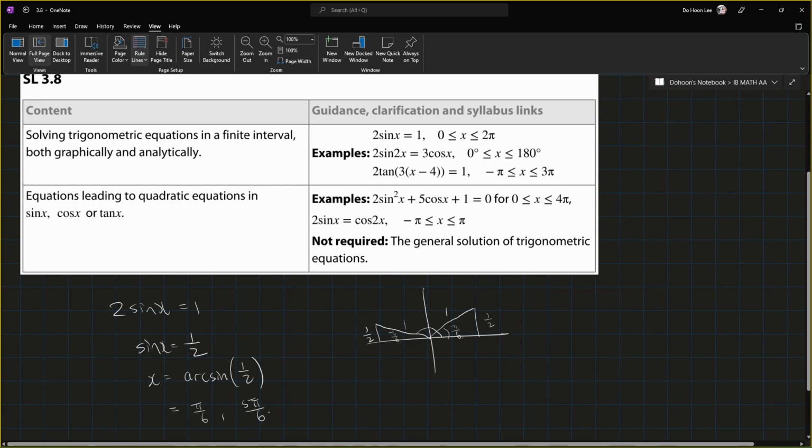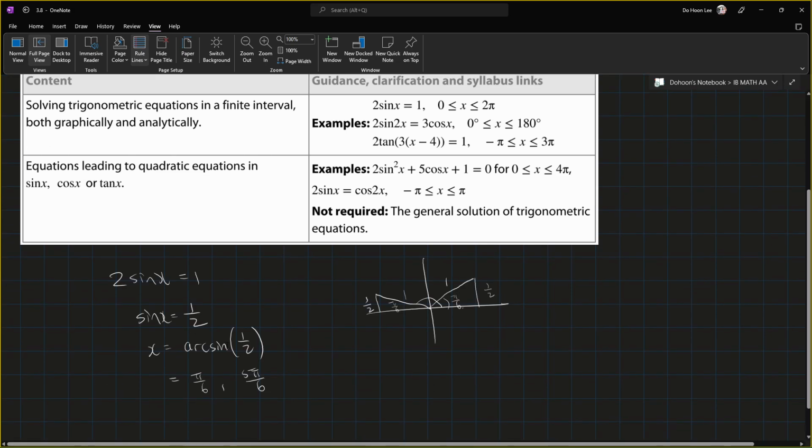Are we done here? Well, not yet. We have to be careful because of the periodic nature. If I go one full circle around, then I'll get another sine x equals 1 over 2. Well, one full circle is 2 pi, so whatever number of 2 pi's I add, I'll still get the same answer.